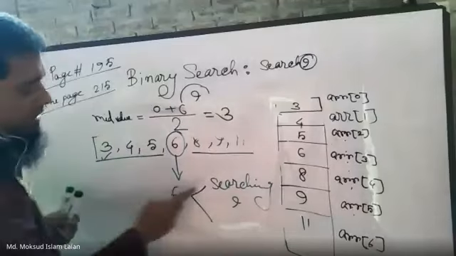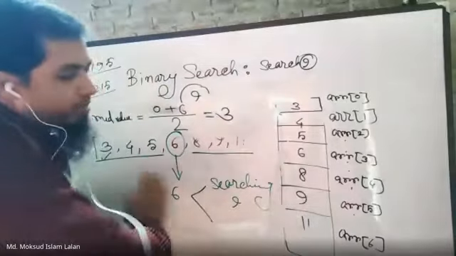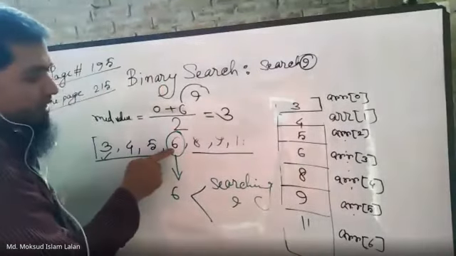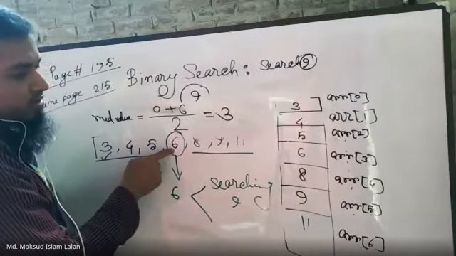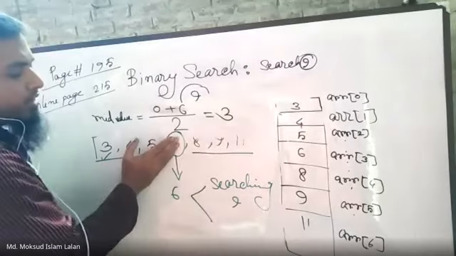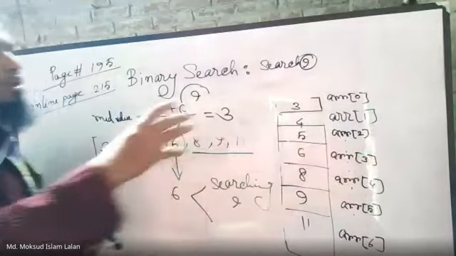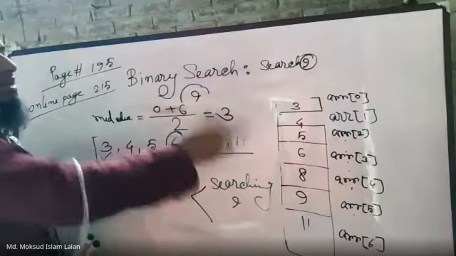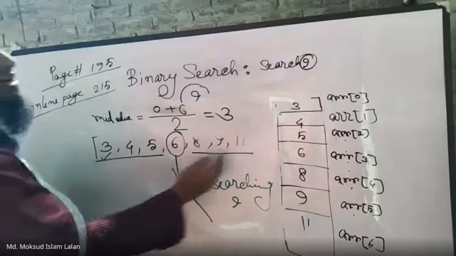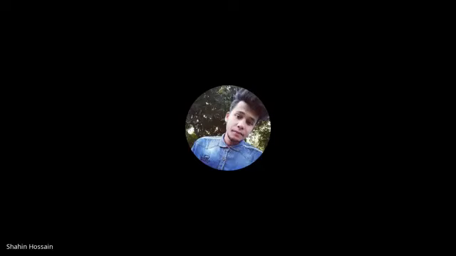Am I right? Since our searching element 9 is greater than the mid value, it definitely belongs to the right part, right? Do you understand or not?